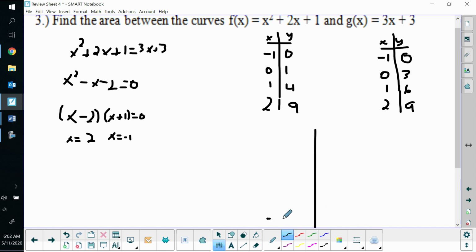So we'll now be able to graph this. We've got to make sure we can get up to 9. Make this one blue.